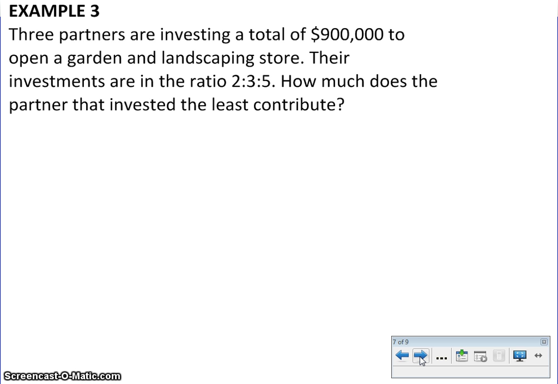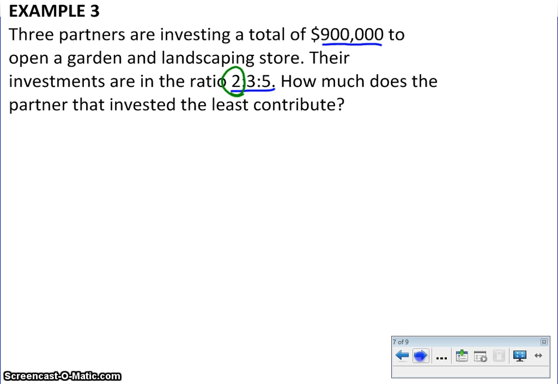All right, example 3. 3 partners are investing a total of $900,000 to open a garden and landscaping store. Their investments are in the ratio of 2 to 3 to 5. How much does the partner that invested the least contribute? So the one that invested the least is that one that has 2 portions of this corporation.